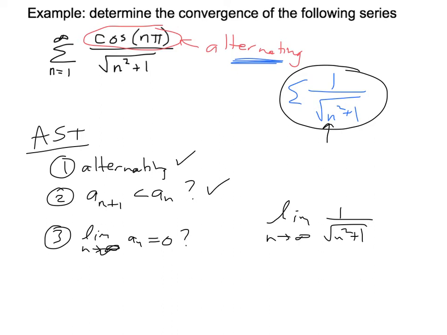As n approaches infinity, the denominator of this thing is becoming absurdly large, which means that this whole thing is effectively turning into 0. So this last thing is true as well. Therefore, our series converges by the alternating series test. It's a pretty simple test to use.